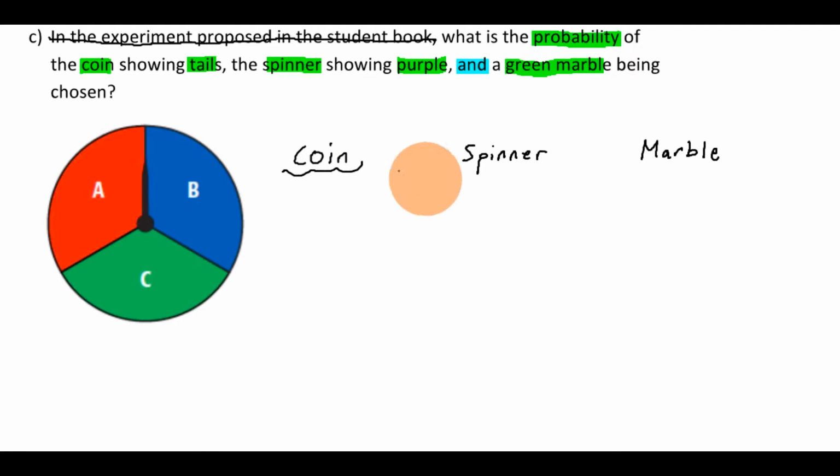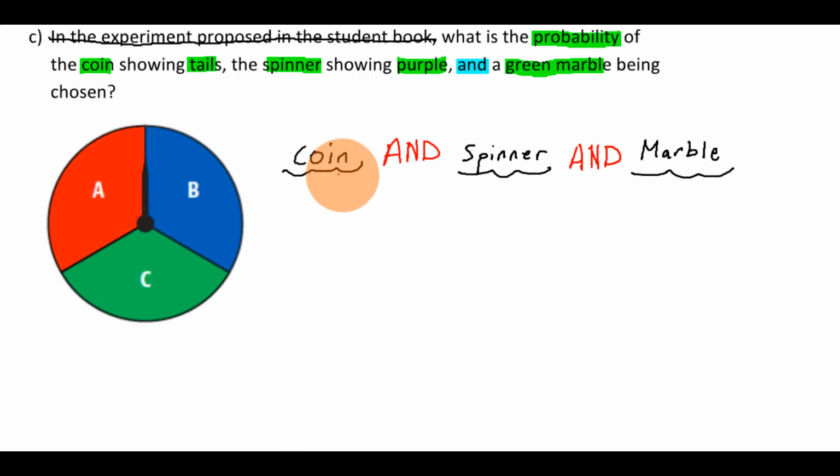Let's just go ahead and underline these. And then the next thing I want to do is actually connect these three events because these are compound events. We're asked for the probability of all of these connected together: the coin and the spinner and the marble.